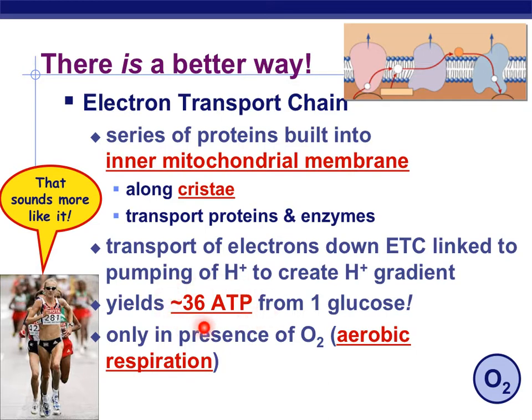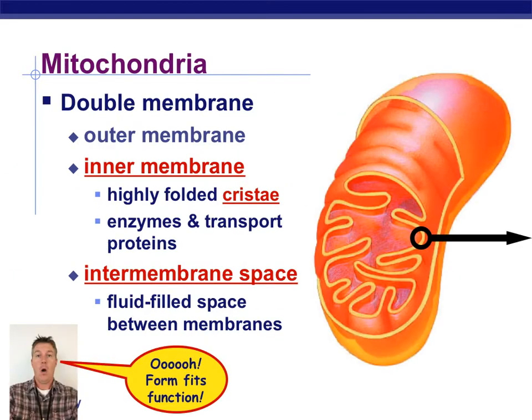You can get about 36 ATP. Really, it's probably somewhere less than that. There's typically about 2 to 3 ATP per electron carrier that we are going to harness by oxidative phosphorylation. So remember, the double membrane of a mitochondrion is super important to its functioning.